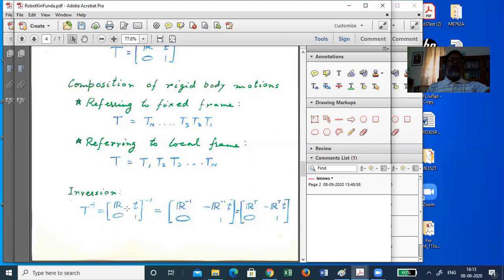Okay? So for that, the orientation, which has changed through the matrix R, has to be taken back. So the taking back rotation is R inverse, same as R transpose for that matter. Now this translation is an issue. So let us see this.